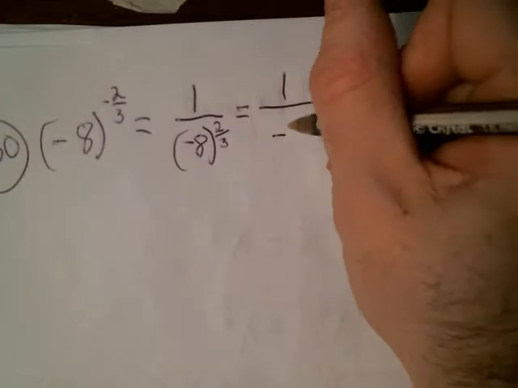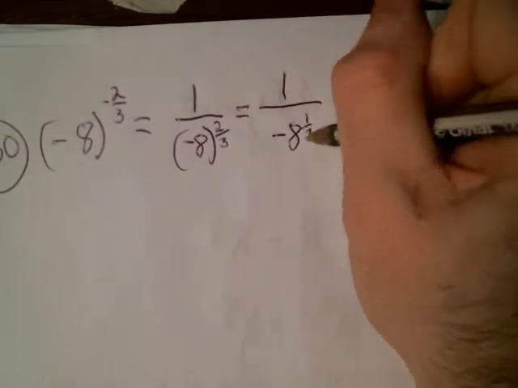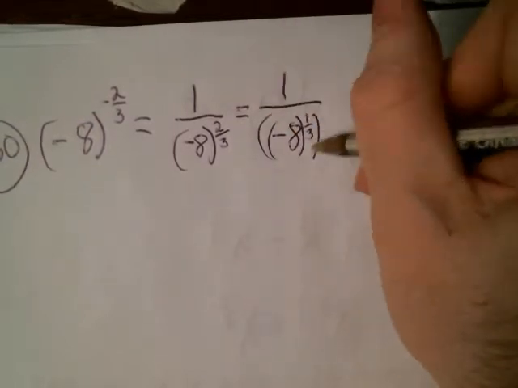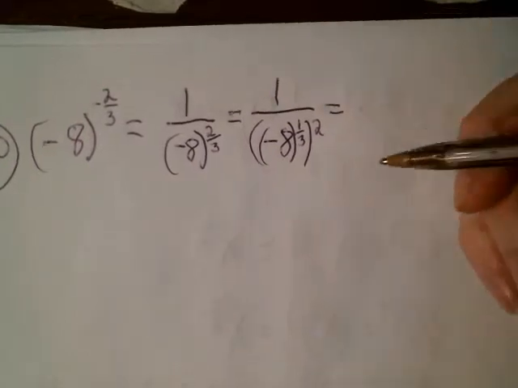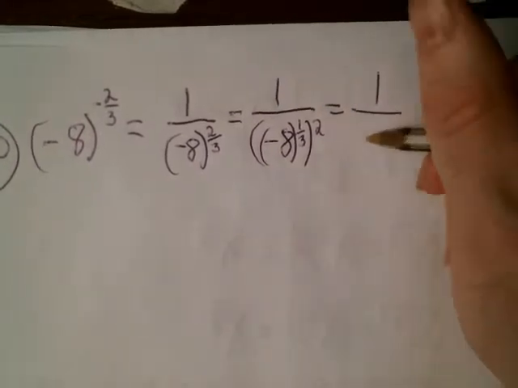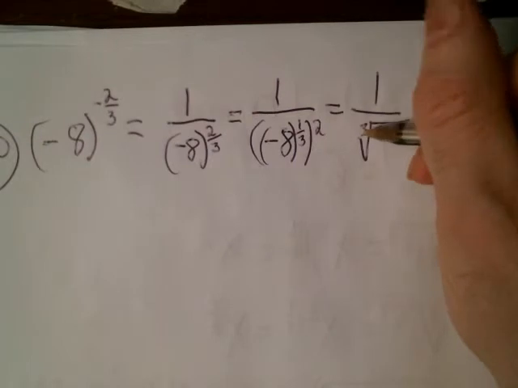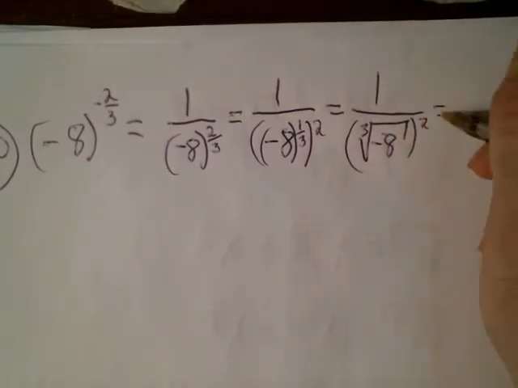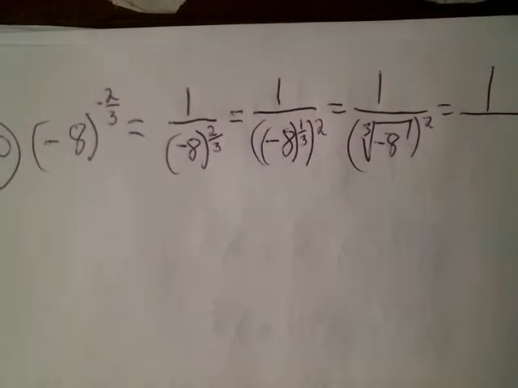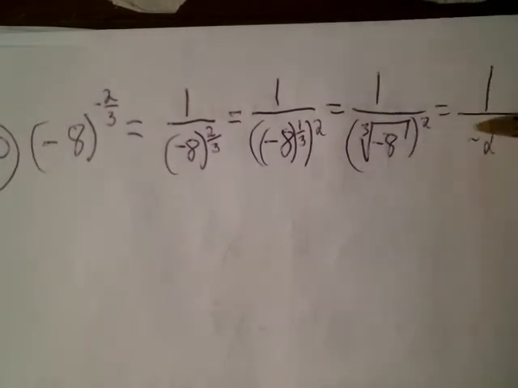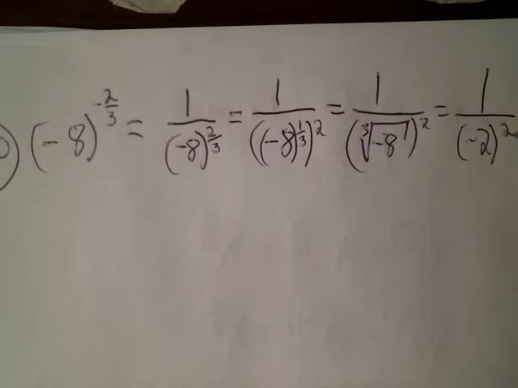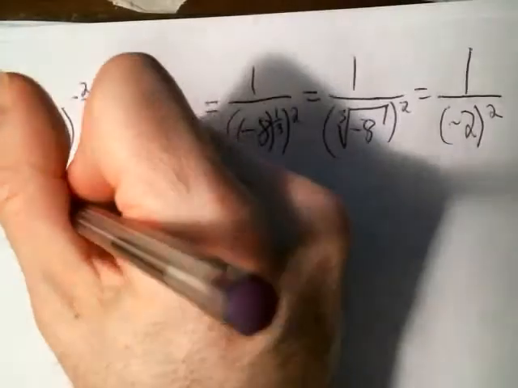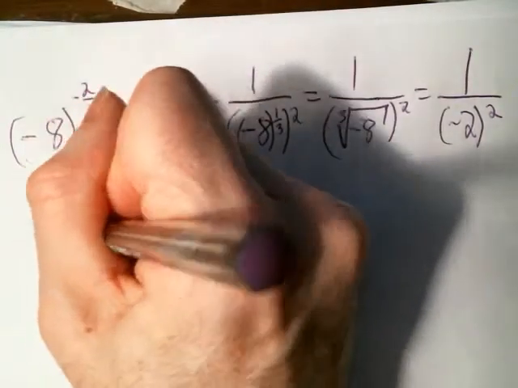So it's negative 8 to the 1/3 power and then squared. So basically I have to take the cube root of negative 8 and then square it. So the cube root of negative 8 is negative 2. And then square negative 2, and that's just 4. So you end up with 1/4.